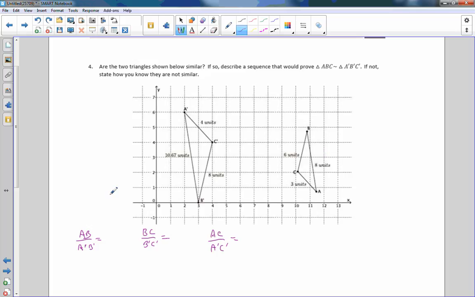So AB is 8. A prime, B prime is over here, and that is 10.67. BC is 6. B prime C prime is 8. AC is 3. And A prime C prime is 4. Okay, well 6/8 reduces to 3/4.